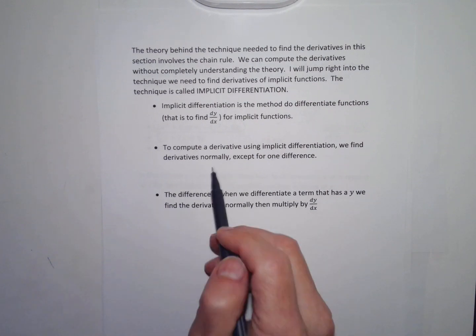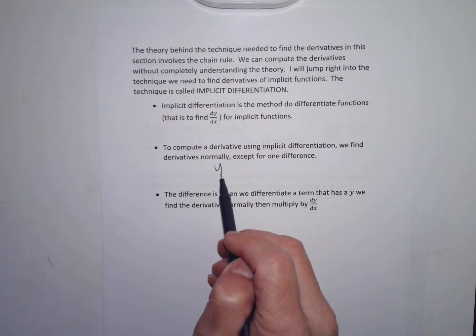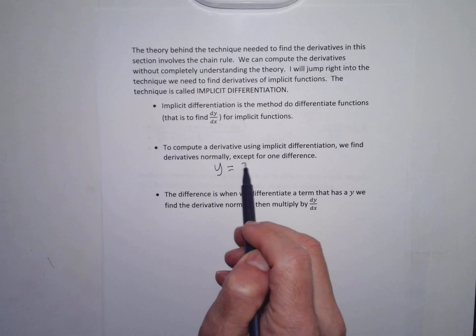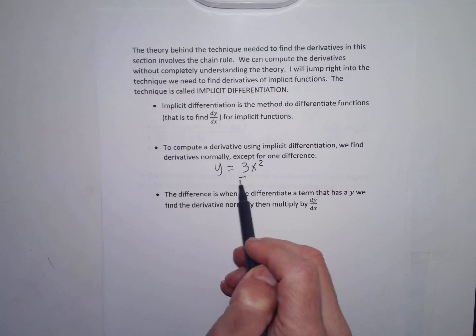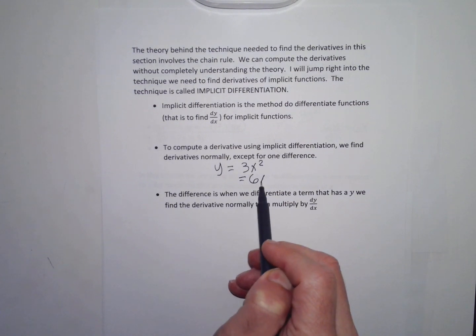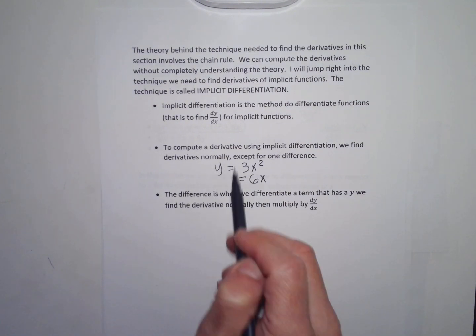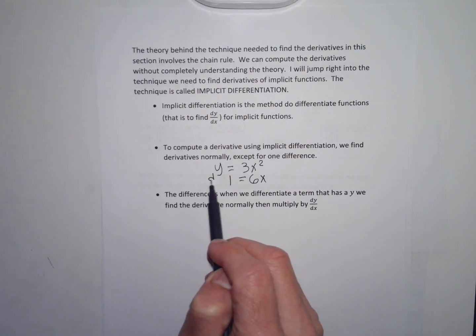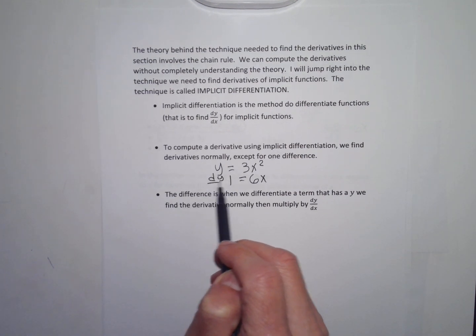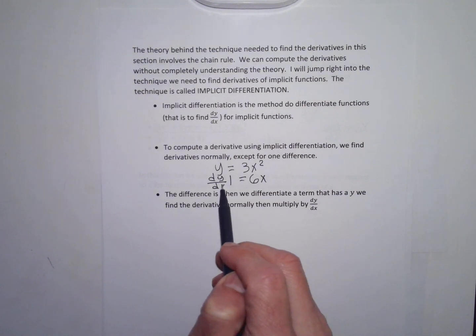That's not really anything new, because when I took the derivative of 3x squared, I did the derivative of the right side, which was 6x, and really the derivative of this y is 1. I took a derivative of a y, and if I'm using the non-shorthand notation, I tacked on a dy dx.